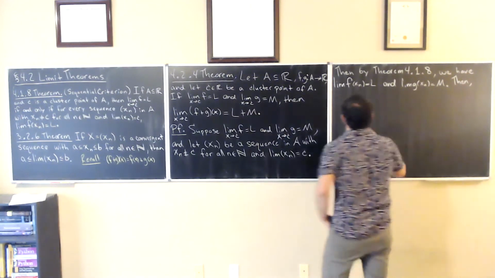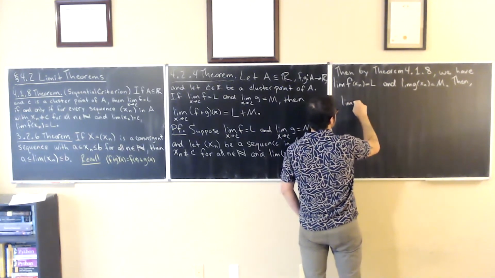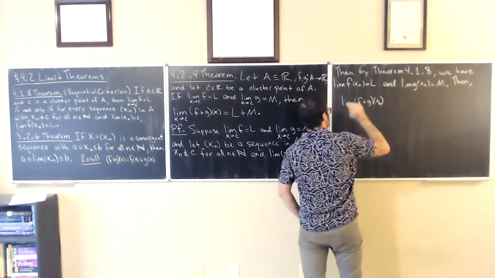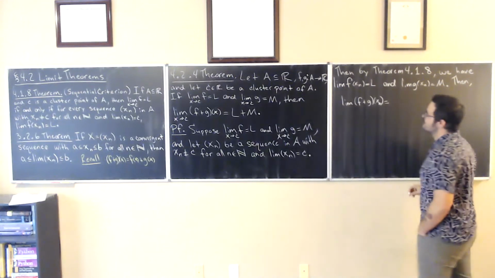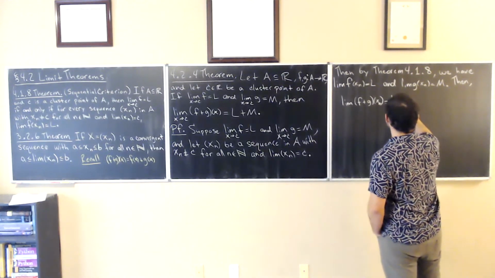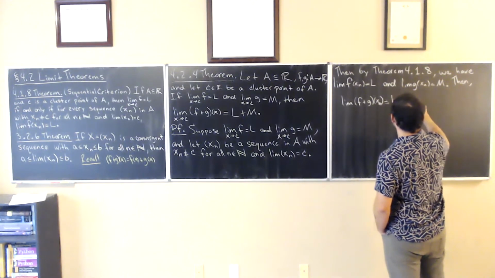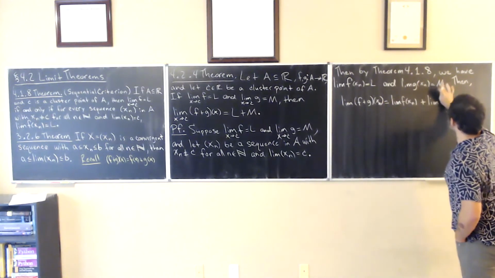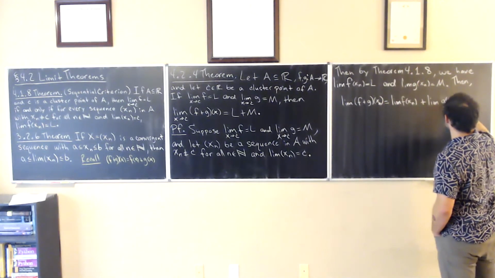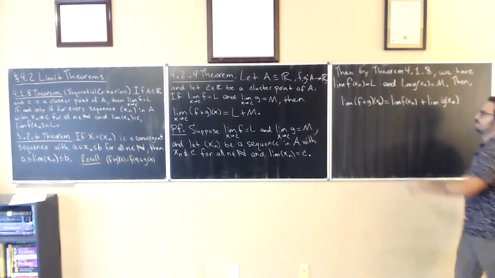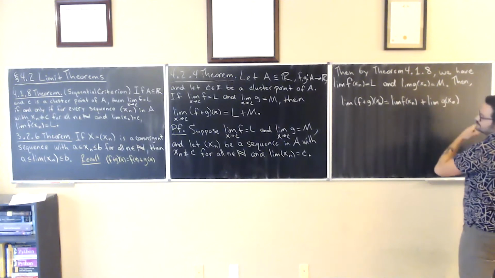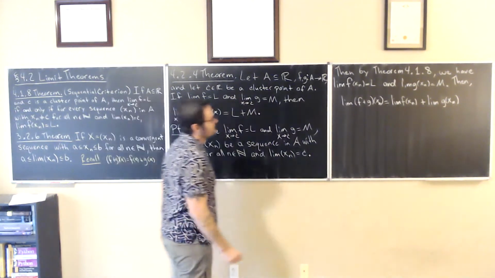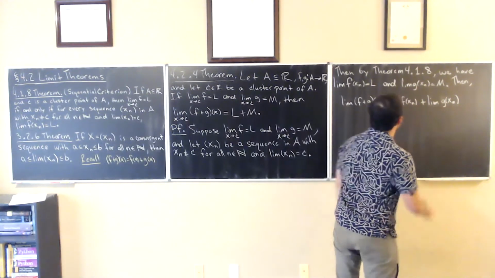And the limit of f plus g of x_n is equal to the limit of f of x_n plus the limit of g of x_n. And the limit of the sum is the sum of the limits. Well, in this case, it is, because this is defined as that sum. But this, we know that that converges and that converges.